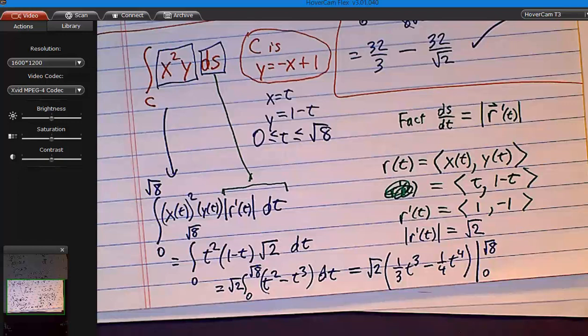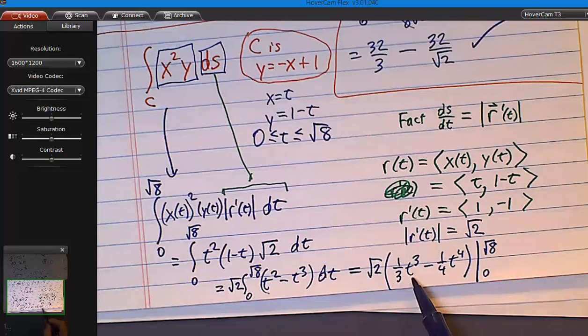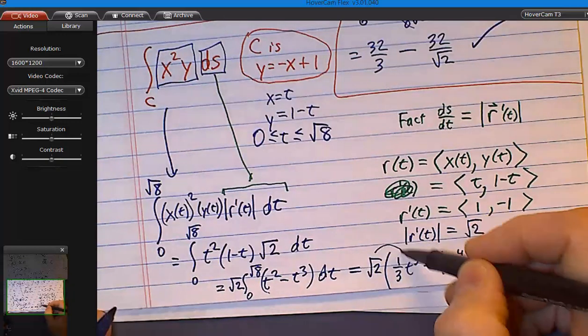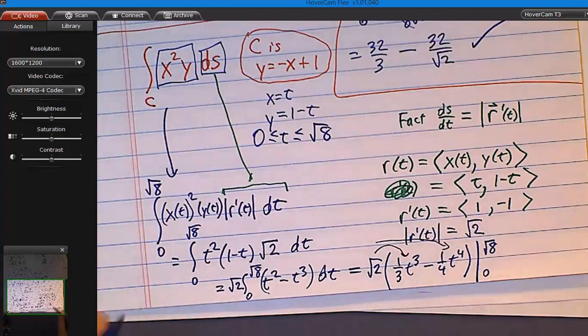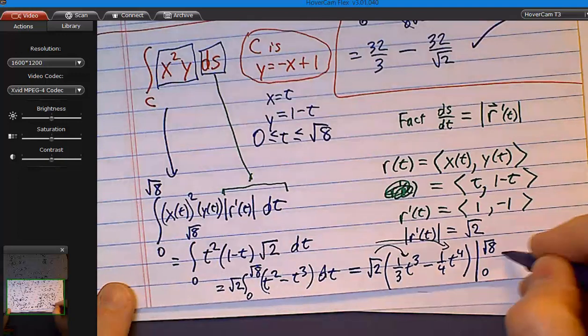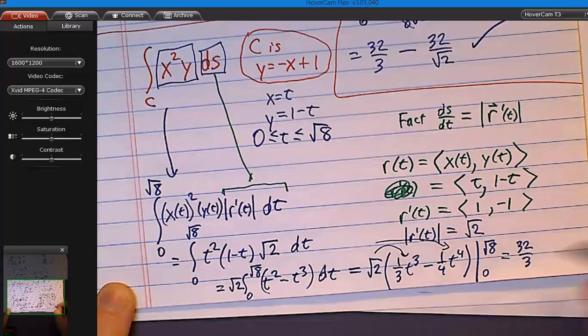So if I plug in square root of 8, and I'm cubing it, so that's 8 radical 8. But, if you distribute the radical 2 to this stuff also, so 8 radical 8 times radical 2 is 8 radical 16, which is 32/3. You could see it.